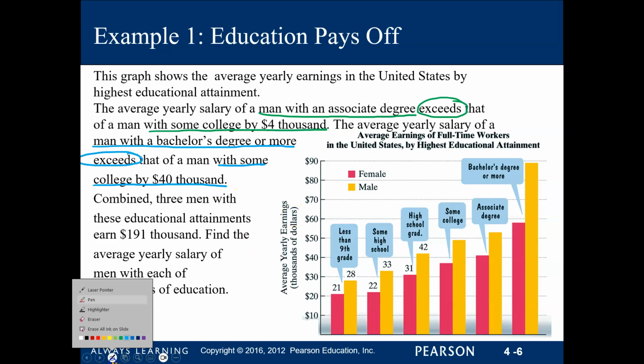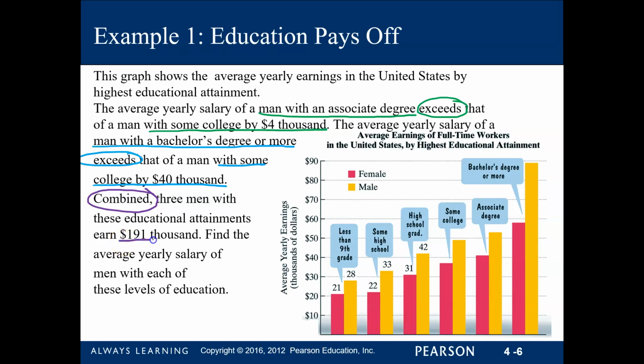All right, those are some key terms there. Combined, three men with these educational attainments earn 191,000. So we need to find the average salary of men of all these levels of education.